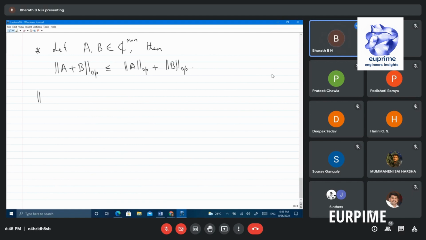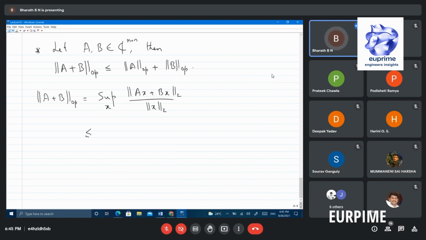The operator norm of A plus B is basically the supremum over all x of the 2-norm of Ax plus Bx divided by the norm of x, since (A plus B) times x is Ax plus Bx. Now, what can you say about the 2-norm? It's a norm, right? It should satisfy the triangular inequality.